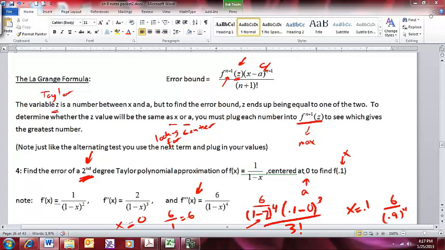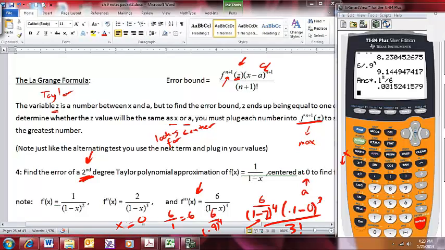Which one's bigger, 6 over 0.9 to the fourth, or 6? Anything 0.9 to the fourth is smaller than 1, and if you divide by something smaller than 1, it makes the number larger. But I have to use the actual value here, so we're going to go to our calculator and get it.